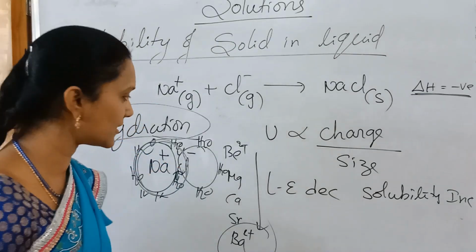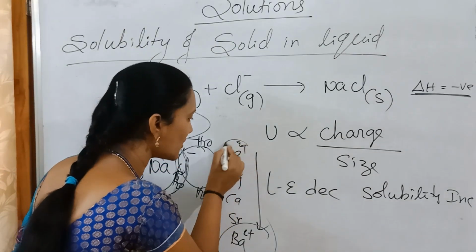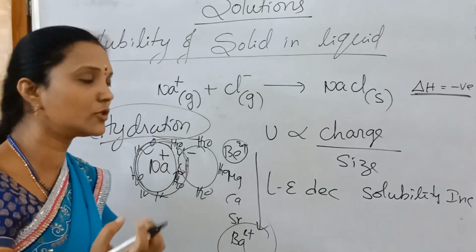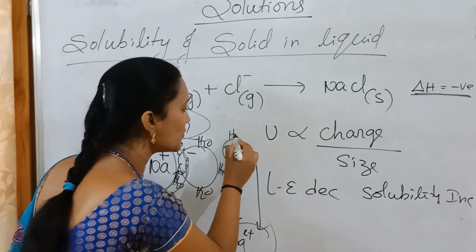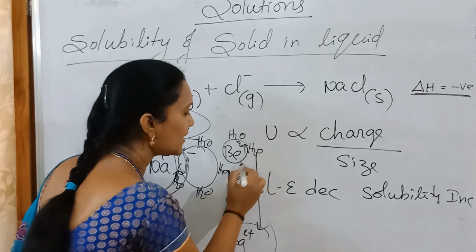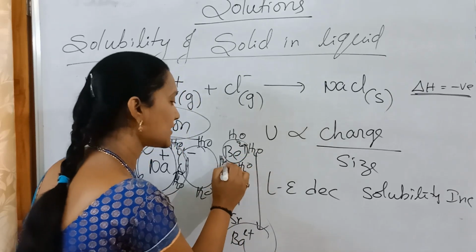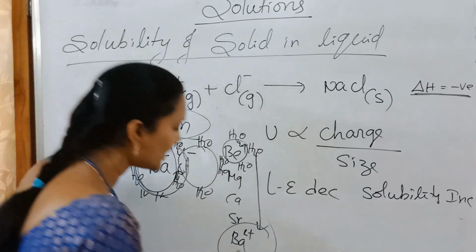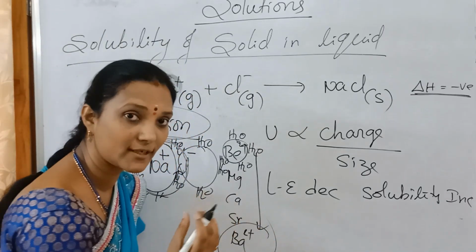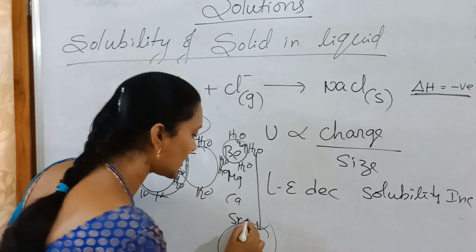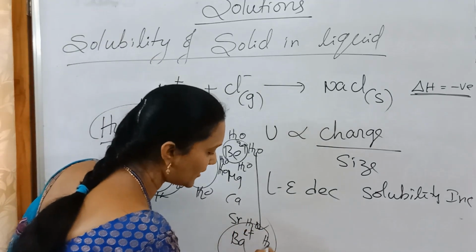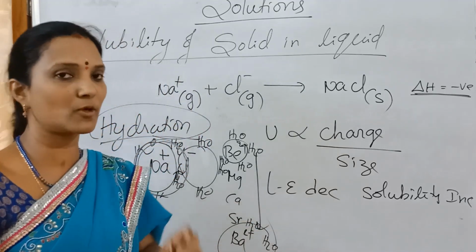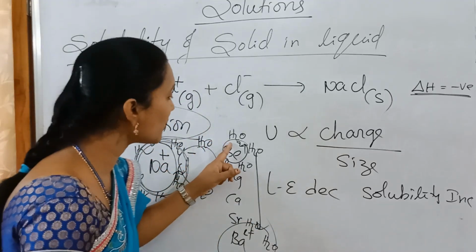Now observe this. If the size is small, nuclear attraction is more, so it attracts more water molecules and forms a large hydrated ion. If the size is large, nuclear attraction is less, so it is surrounded by fewer water molecules and a small hydrated ion forms.